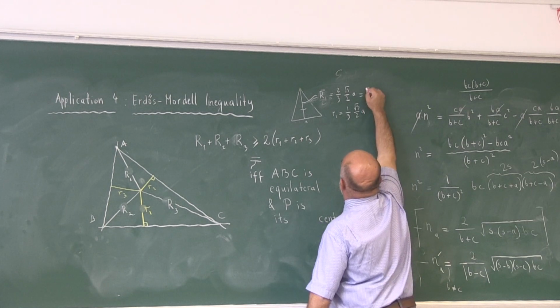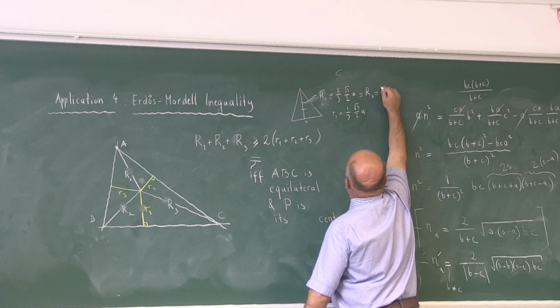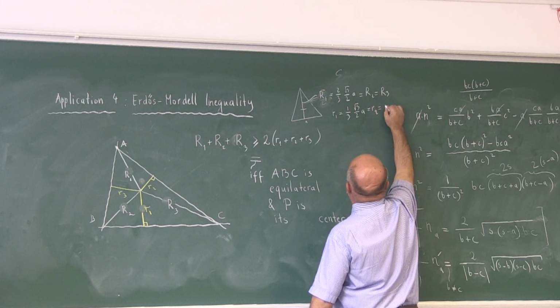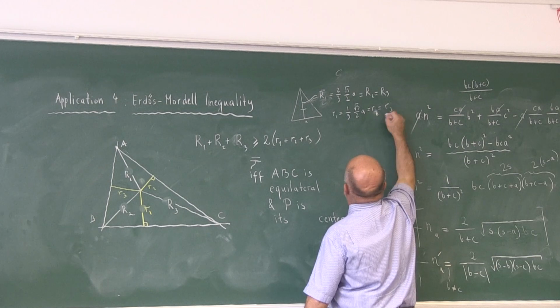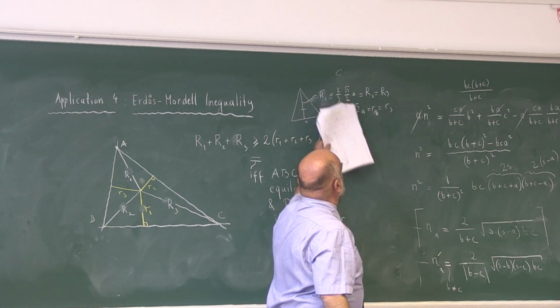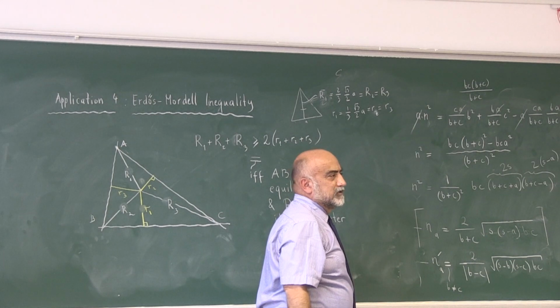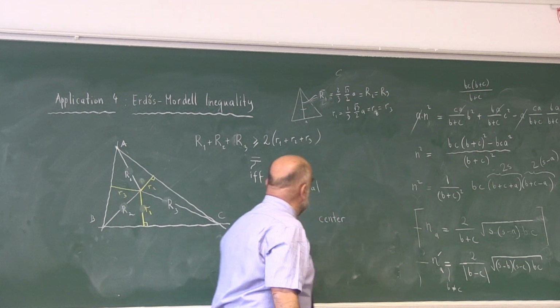And of course this is r2, this is r3, and this is small r1, this is small r2, small r3. Well, if you take 3 times this object, it will be of course twice 3 times this object. That's rather nice.